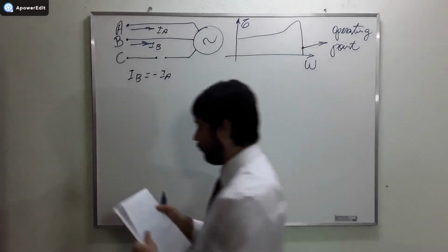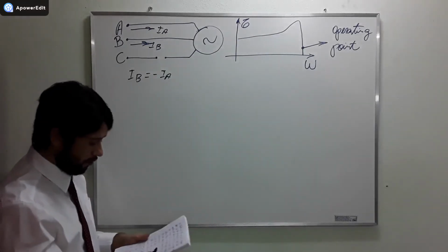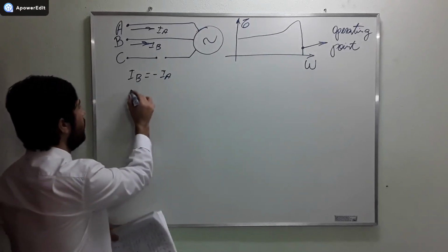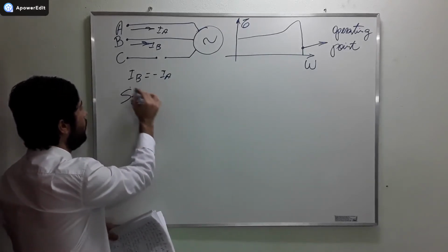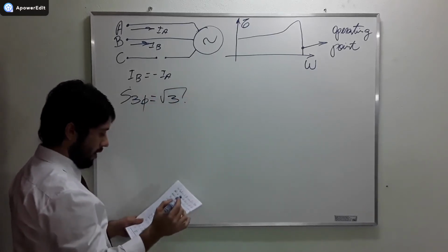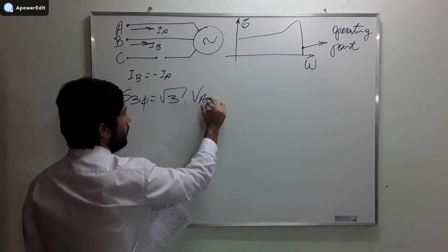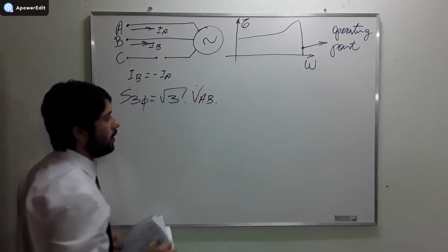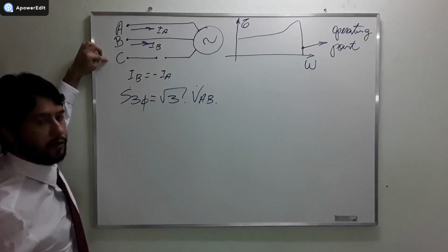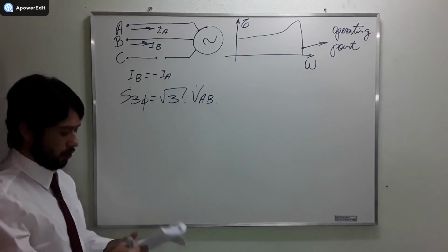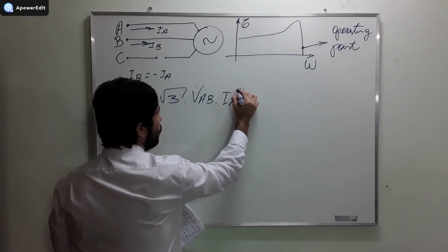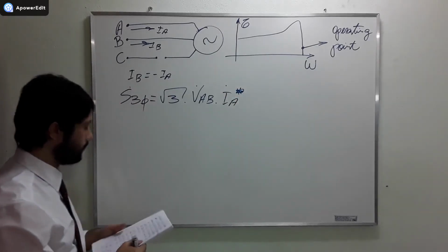So, before losing the phase, when the motor is still a three-phase motor, we have the power. The three-phase power is equal to the square root of 3 times the line voltage. Here I chose VAB, but you could have chosen VBC, for example, just to illustrate, and IA conjugate. Okay?